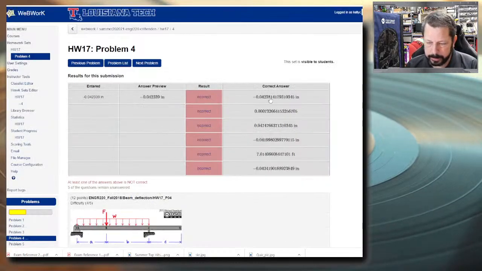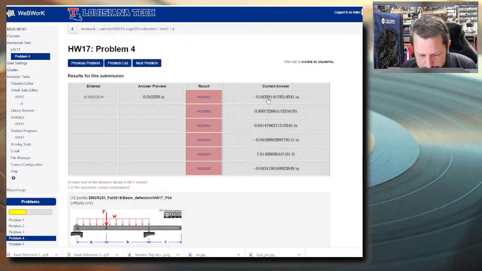No, well, we're really close. And I copied it directly out of MathCAD. So not sure what's going on here, but we are off by, wow, what, 5/10,000ths? Is that what we're off by? We have 0.04239 and 0.04238.